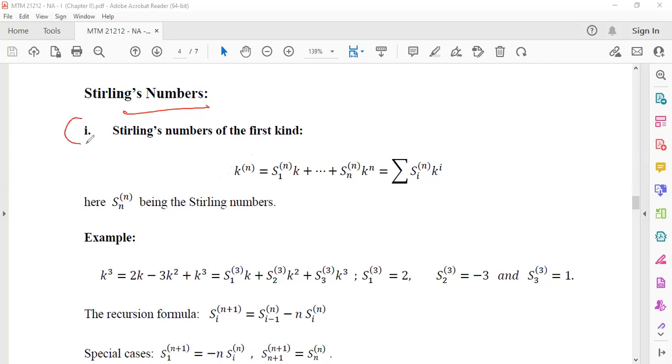We're going to study two kinds of Stirling numbers. Stirling numbers of the first kind.